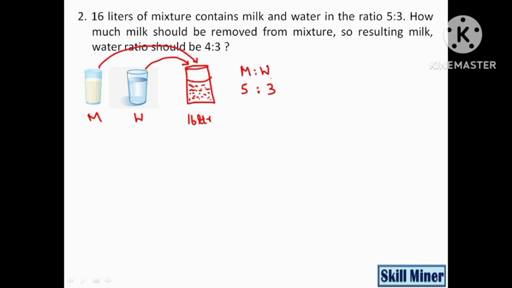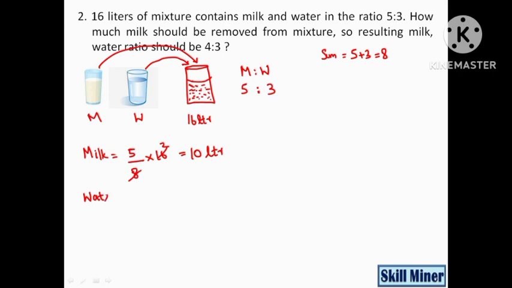So the sum of the ratio will be 5 plus 3, which is equal to 8. Now we are going to find the quantity of milk in the vessel. Milk quantity will be: milk ratio 5 divided by total ratio 8 into 16, which will give me 10 liters.